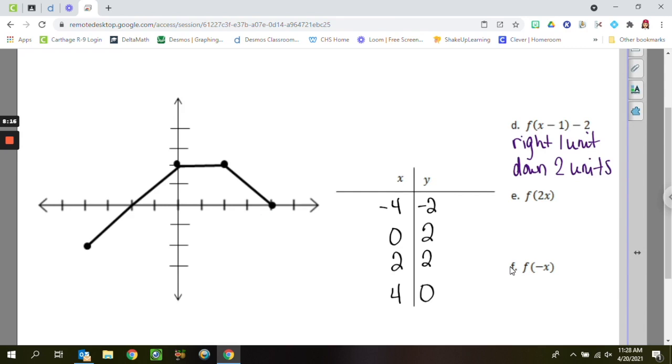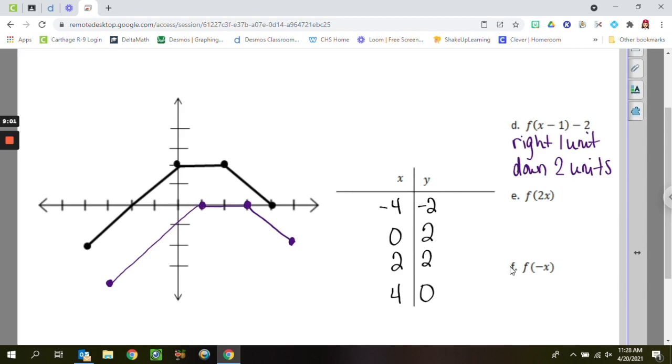So everything goes right 1 and down 2 as best you can. So right 1, down 2, right 1, down 2, right 1, and down 2. Those are probably the easiest movements to do because it really doesn't require you writing new values in there, just making the new graph.